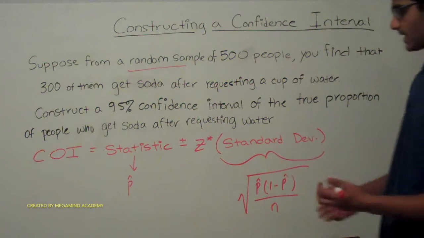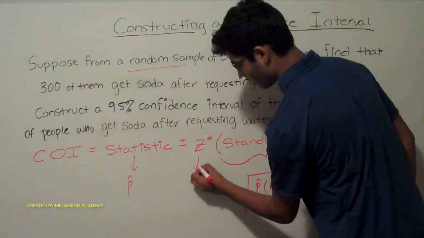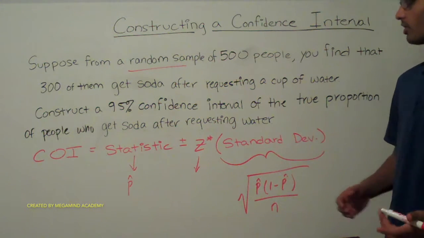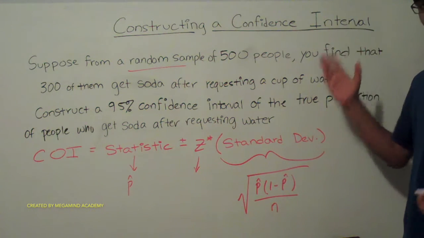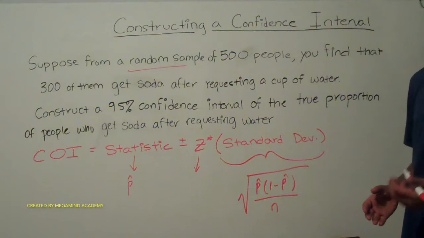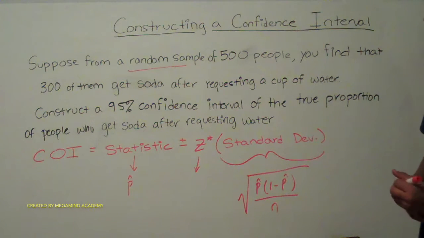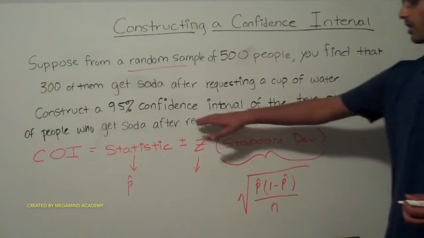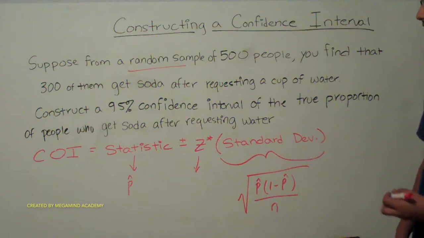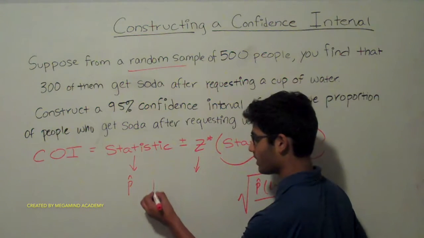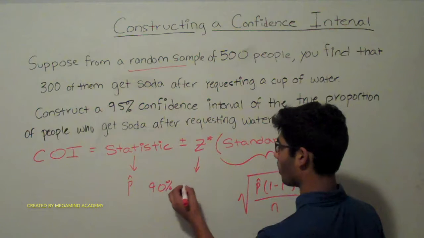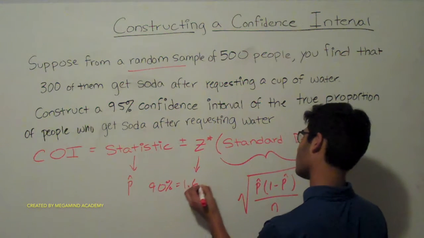Now, what is z star? Well, z star is the value that we use when we construct a confidence interval. It's on table B of the AP Statistics formula sheet, and basically it corresponds with your confidence levels. So, for 90% confidence, it's going to be 1.64.